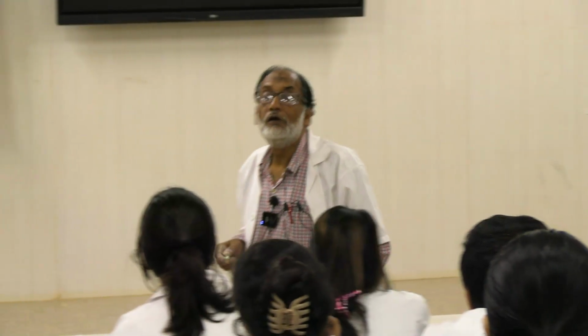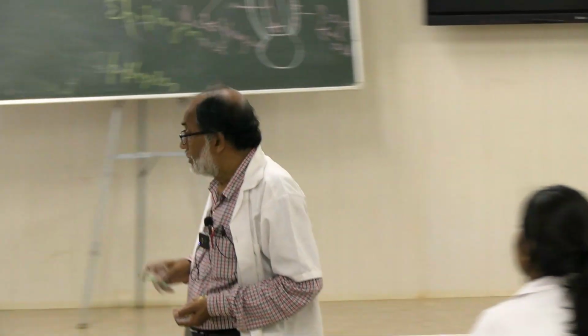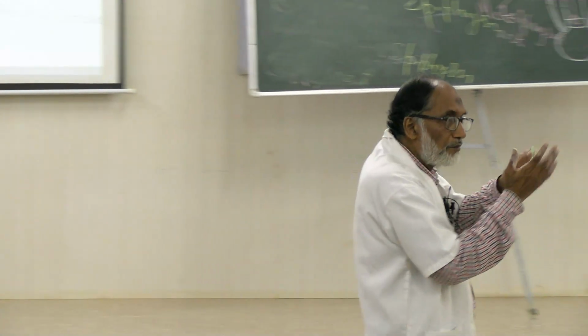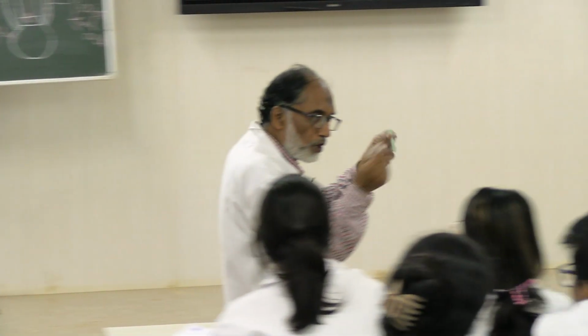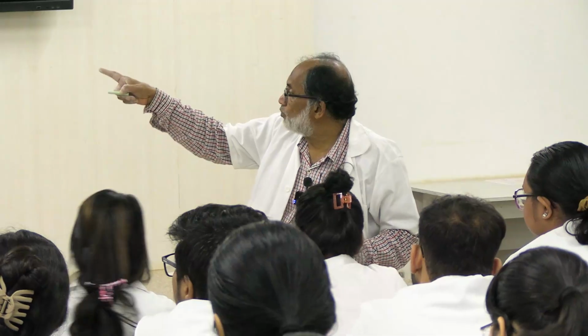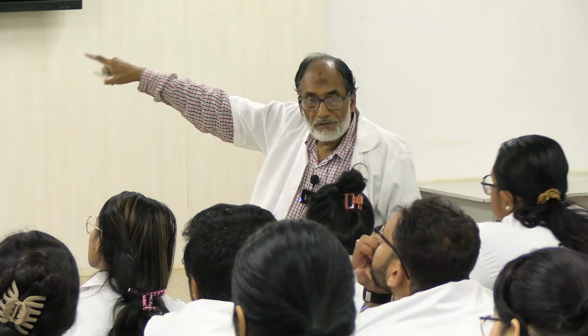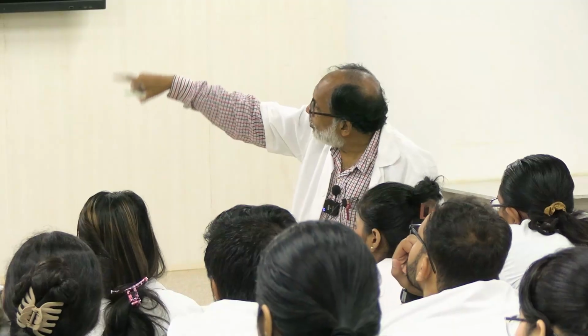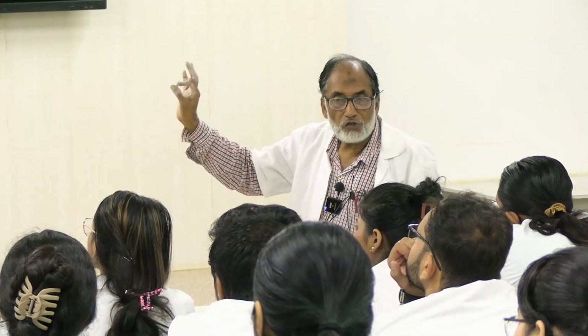Spongy bone and compact bone. Compact bone, though it looks compact, has porosity. This is one of the units of the compact bone. This is called the osteon.